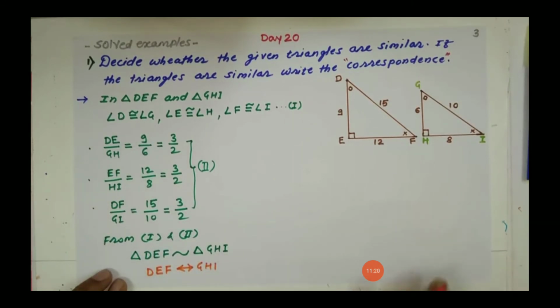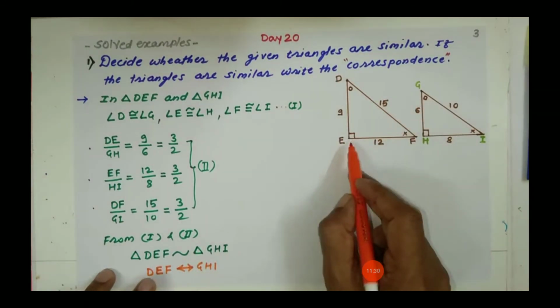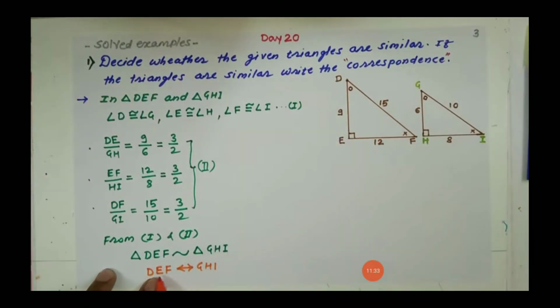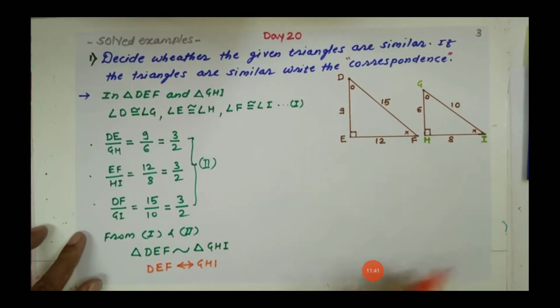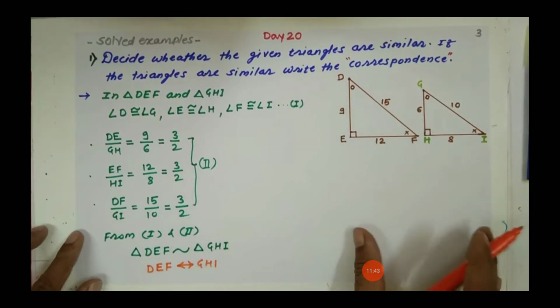This is the correspondence. How is it written? Think of the angle congruence. Angle D is congruent to angle G. Is it correct? Angle E is congruent to angle H. Second is E, here is H. F and I. So you just have to match the vertices, and this is called one-to-one correspondence.